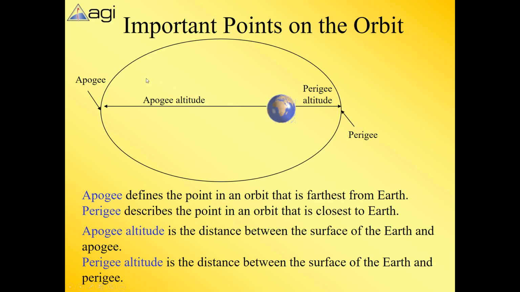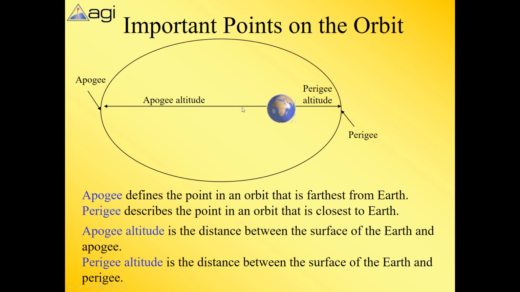So apogee, farthest point from the Earth. Perigee, closest point to the Earth. If it were the sun, we would call it aphelion and perihelion. If it were the moon, apolune and perilune. So some planets have names for them, and the generic name is just apoapsis.